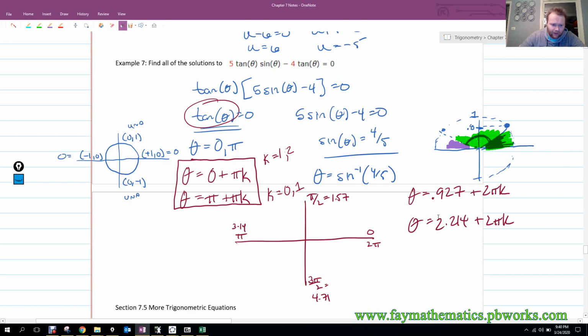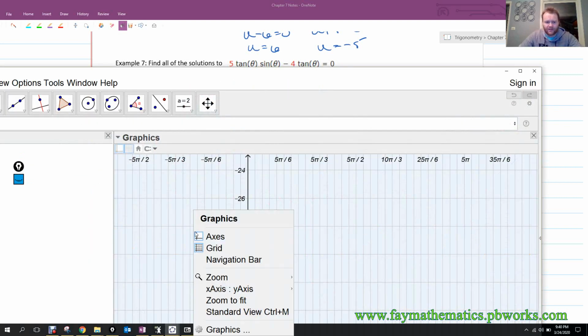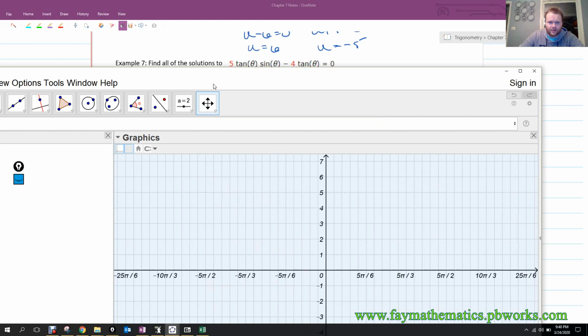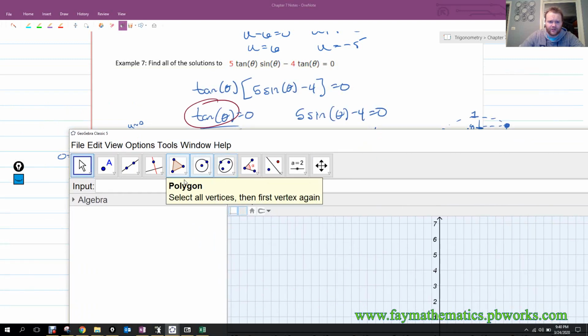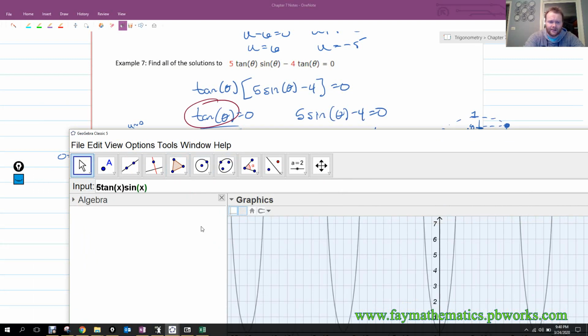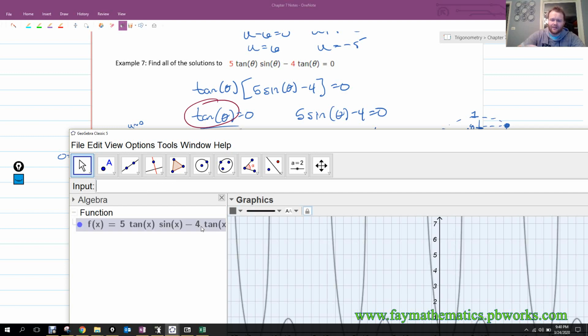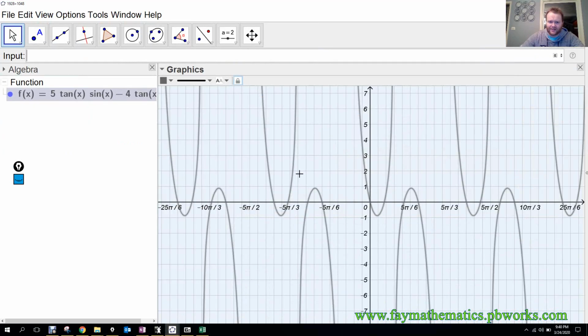Now, if we want to look at this, we should be able to recognize this through GeoGebra. So let's just type in the original. Let's go 5 tangent of x sine of x minus 4 times tangent of x. And what we'd be interested in is where this thing is equal to 0, so we're looking at x-intercepts.